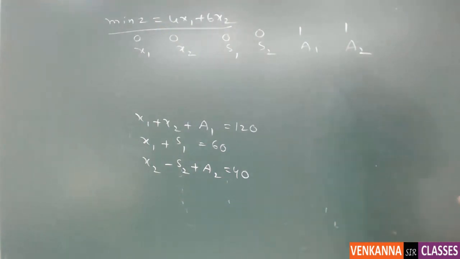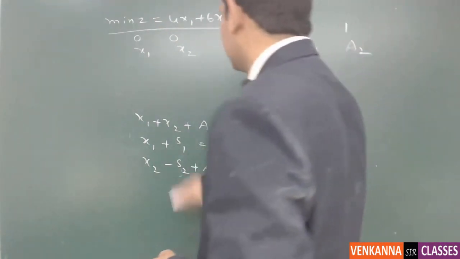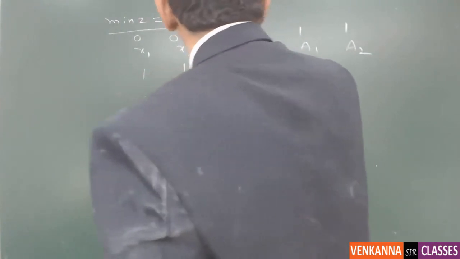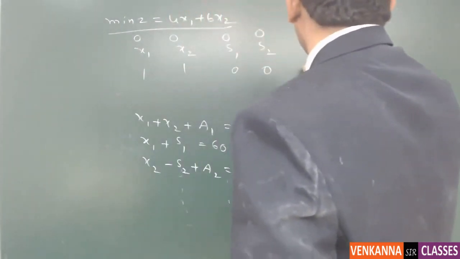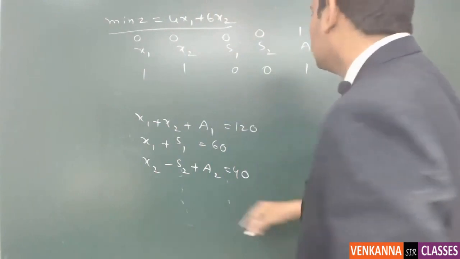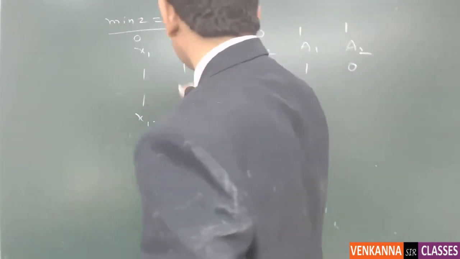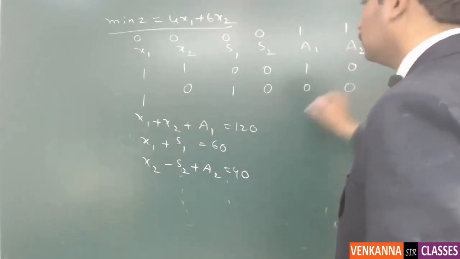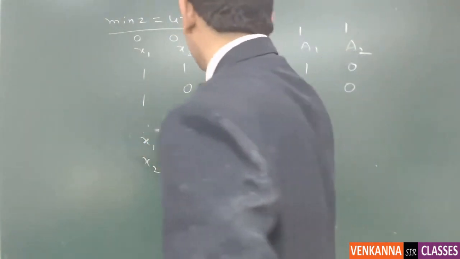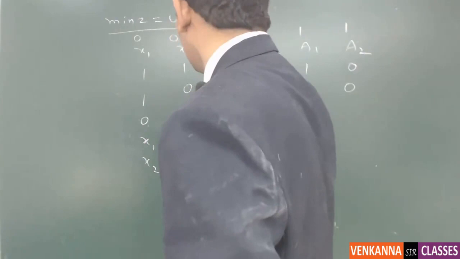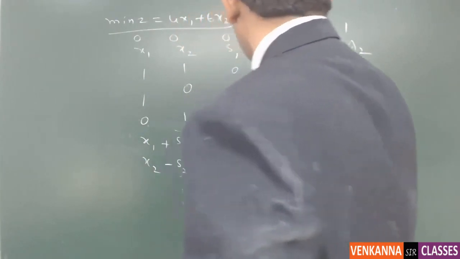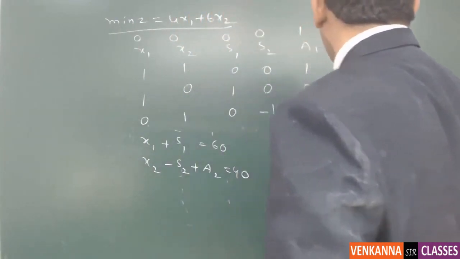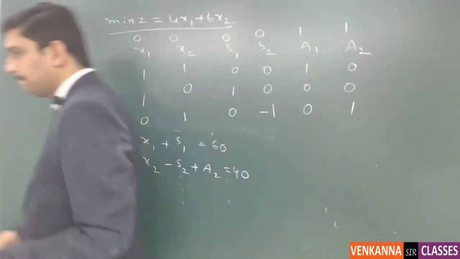From the first equation, you can say 1, 1, 0, 0, 1, 0. From the second equation, it is 1, 0, 1, 0, 0, 0. And from the third equation, you have 0, 1, 0, minus 1, 0, 1. This will be the form.